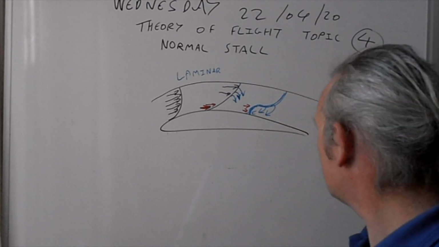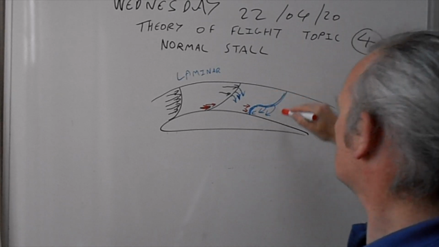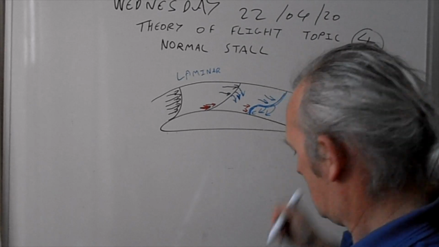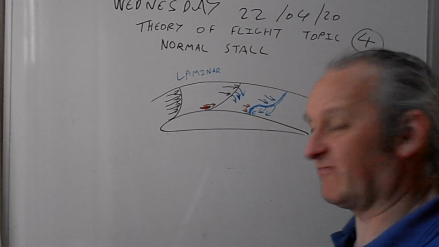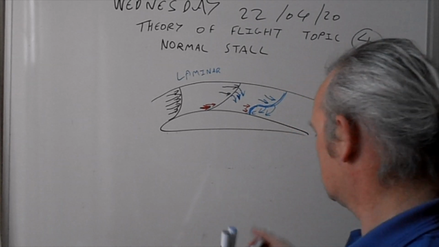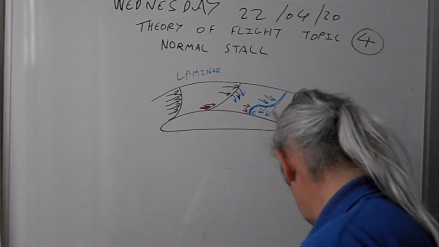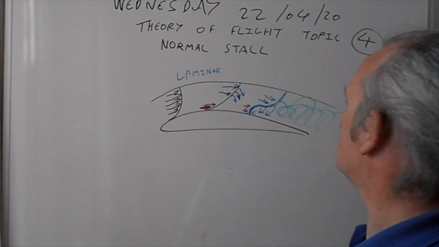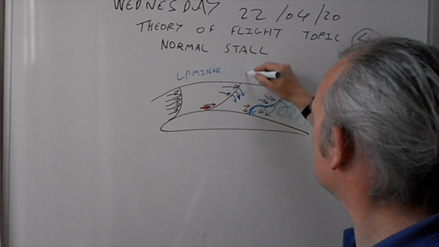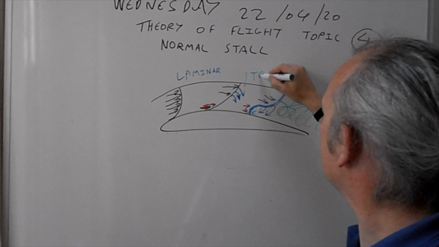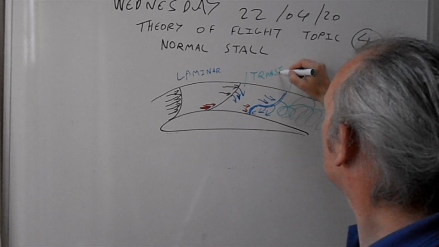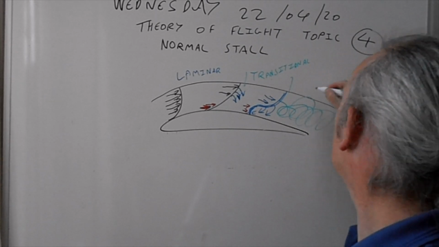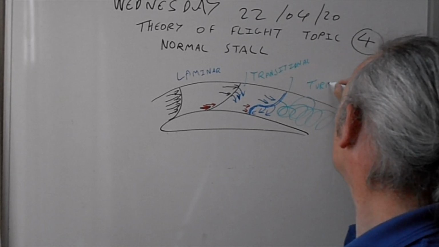Then it starts to flow in the opposite direction, and milliseconds after that happens, it spills over and becomes turbulent. In between, this bit here is what we previously termed transitional flow, and then this would be turbulent flow.